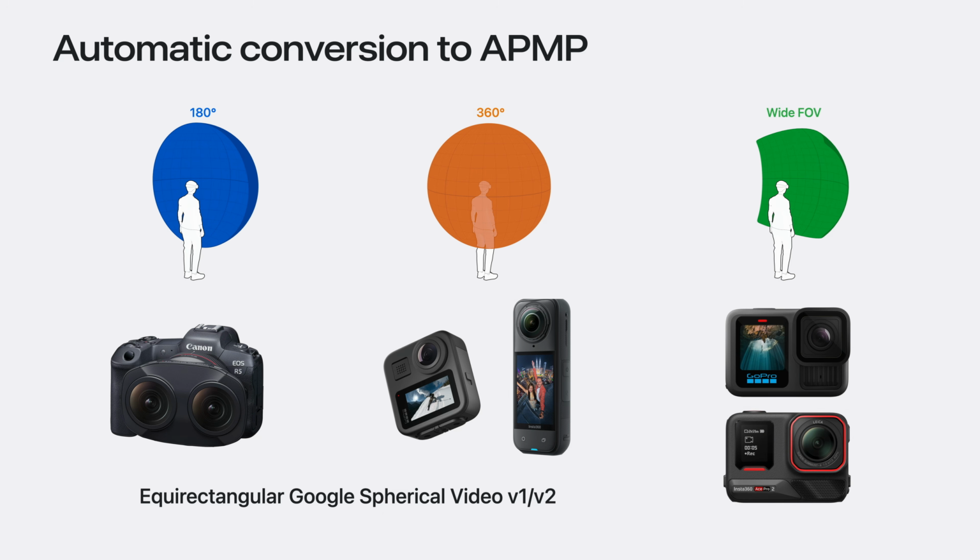And straight off the camera videos from recent action cams like the GoPro Hero 13 and Insta360 Ace Pro 2 are automatically converted to wide field of view APMP. The same is true for single lens captures from the 360 cameras mentioned earlier.